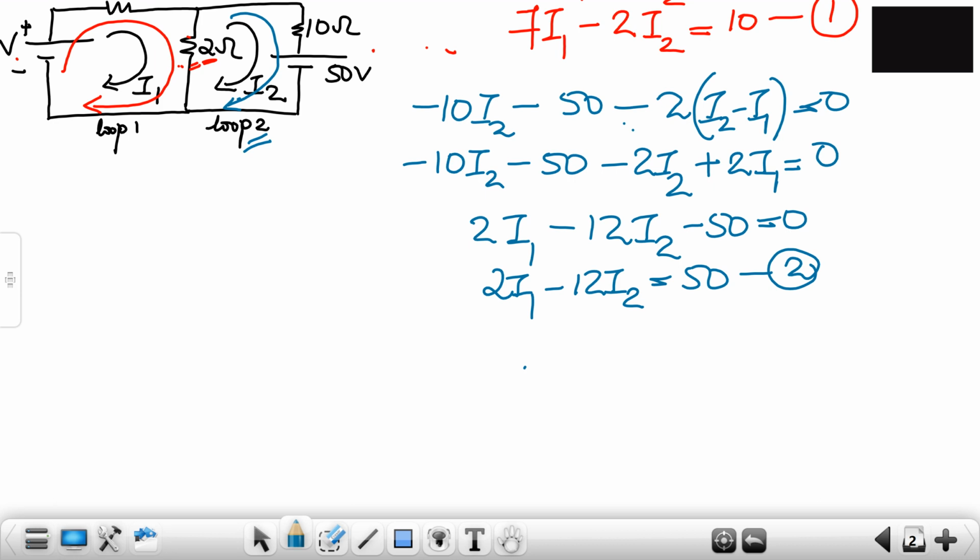Okay, when we are solving both the equations, take the first equation, 7I1 minus 2I2 is equal to 10. The second equation is what? 2I1 minus 12I2 is equal to 50.